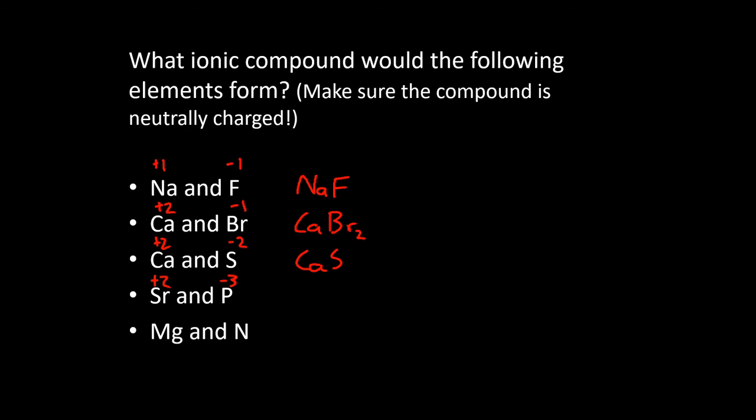The quick and dirty way to always get these things to balance is take the charge for each of the ions and swap those as subscripts for the opposite ion. So take the 3 for the phosphorus, give it to the strontium, 2 from the strontium, give it to the phosphorus, and that gives us Sr3P2. That is the smallest number of atoms possible, while still getting an equal amount of positive and negative charge.